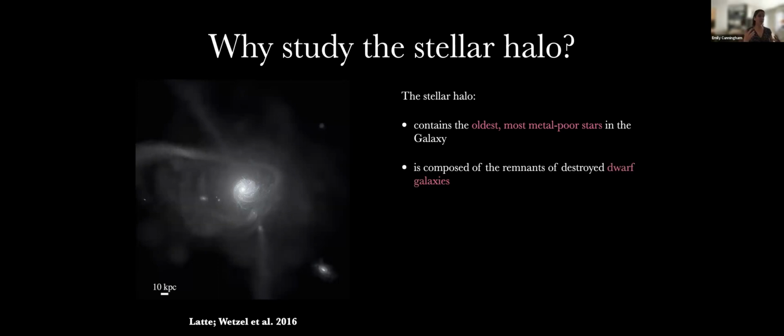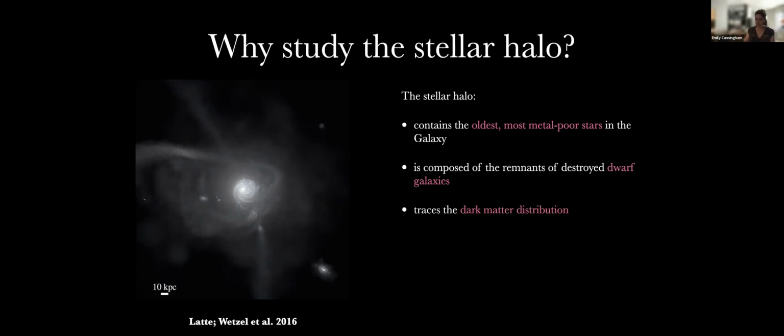In addition, it's composed of the remnants of destroyed dwarf galaxies. The dwarf galaxy populations that contributed to the buildup of the stellar halo are dwarf galaxies that did not survive until present day and that we can't observe directly in the field. But we have this unique opportunity within the stellar halo to study these systems on a star-by-star basis if we can reconstruct where they came from.